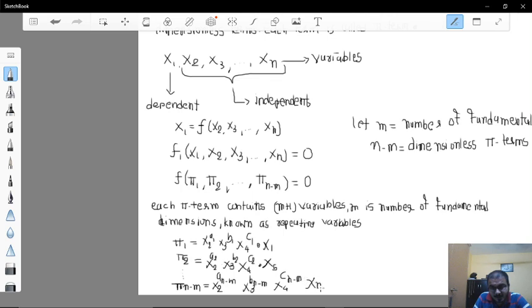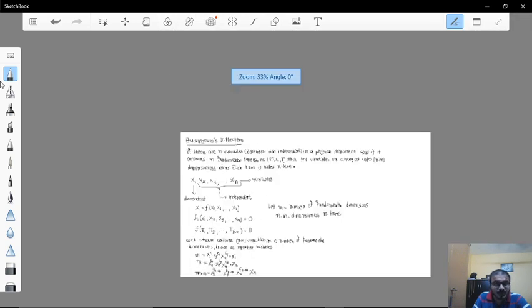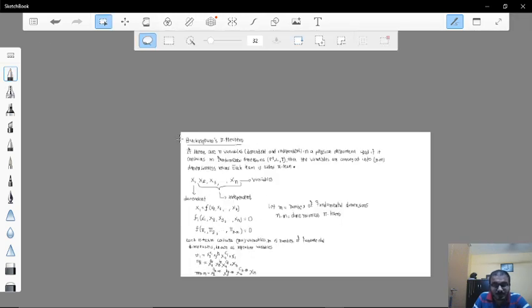So this is the way we get this pi 1, pi 2 up to pi n minus m terms. So let's copy this work into our main slides.